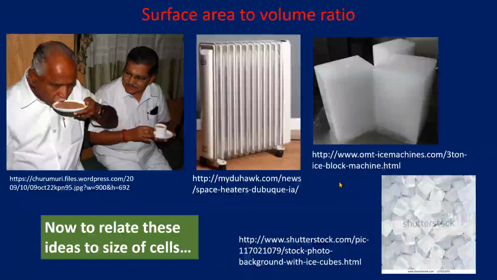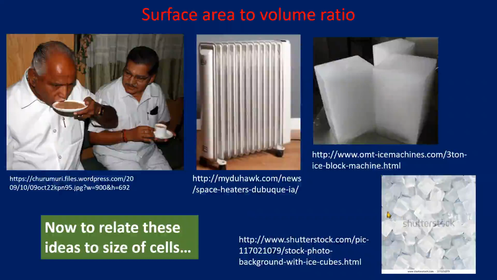Then what size will you use? Will you use small cubes or very large blocks of ice? When you have seen the fishermen, they have special ice boxes, big ice boxes, and in order to keep the fish cool, they use larger ice boxes, larger ice stacks also.